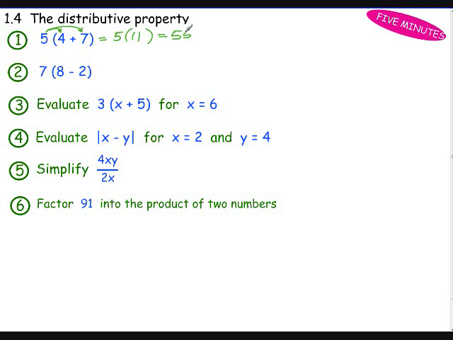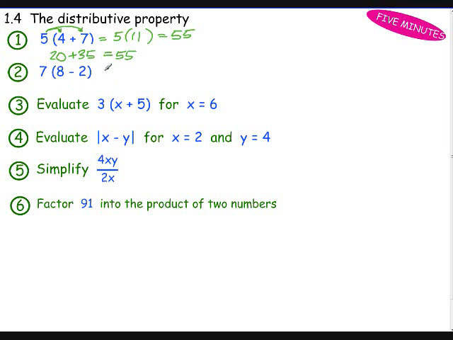But since we're about to talk about the distributive property, let's see what happens if we'd done this. We'd get 5 times 4, which is 20, plus 5 times 7, which is 35, so either way, we get to the same end.